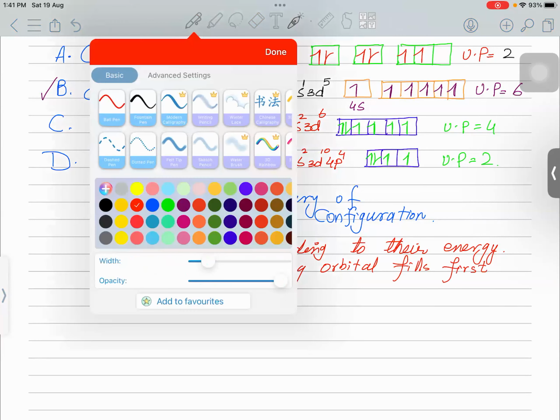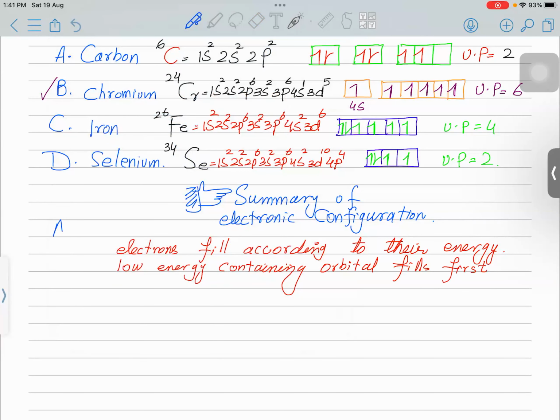This law is called the Aufbau law or Aufbau principle.